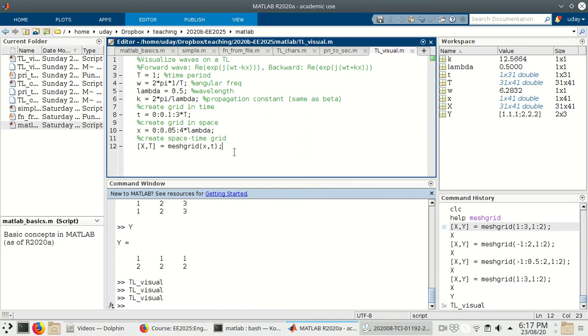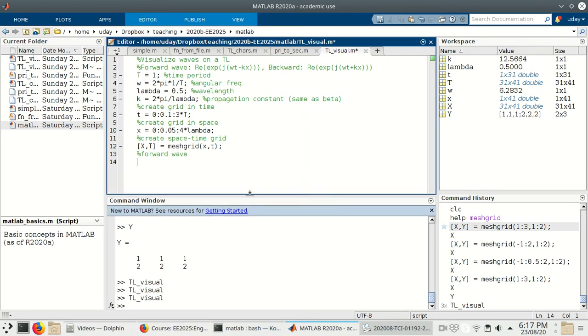Okay, now it's time for us to create the forward wave, right? So the forward wave. Alright, so what we'll do is the forward wave, we've already seen the definition over here. So instead of straight away starting with real part, let's define it as a complex number. So forward is the variable name for it, is going to be exponential, right?